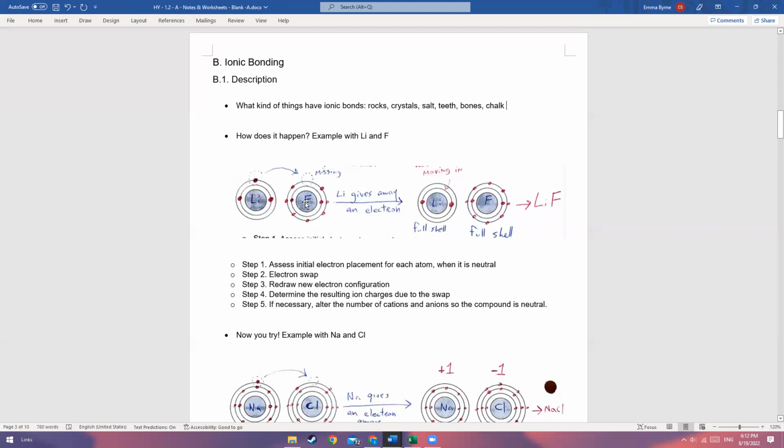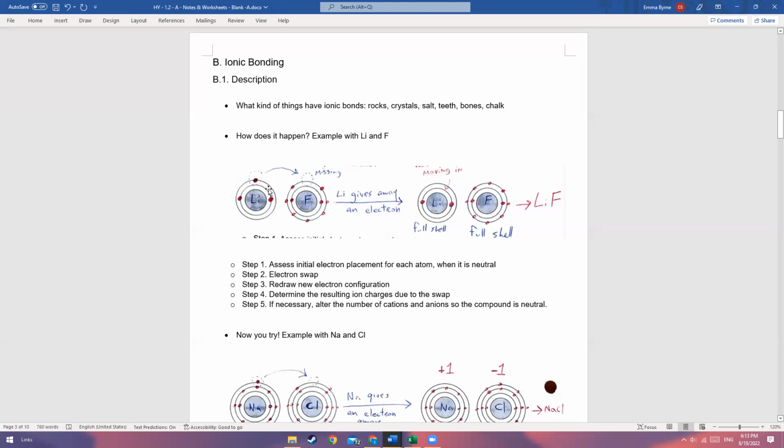Now we move on to fluorine. So fluorine has 9 electrons because the atomic number of fluorine is 9. So 9 electrons cancel out those 9 protons. It has 2 electrons in its first shell and 7 in its outer shell. Now here, fluorine is just missing 1 electron, right? It wants that full outer shell of 8 electrons.